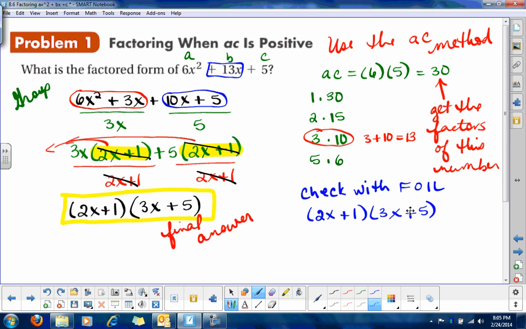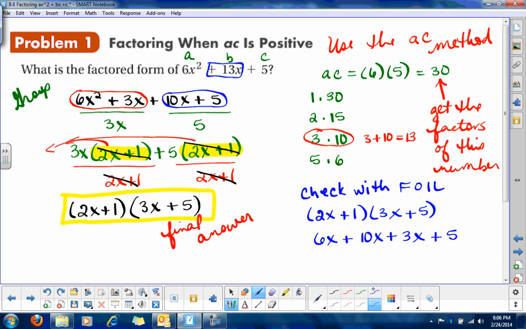And with FOIL, we've got the first: 2x times 3x is 6x squared. The outer, 2x times 5, is 10x. Then we have the inner, 1 times 3x, which is 3x. And then we have the last, 1 times 5, which is 5.